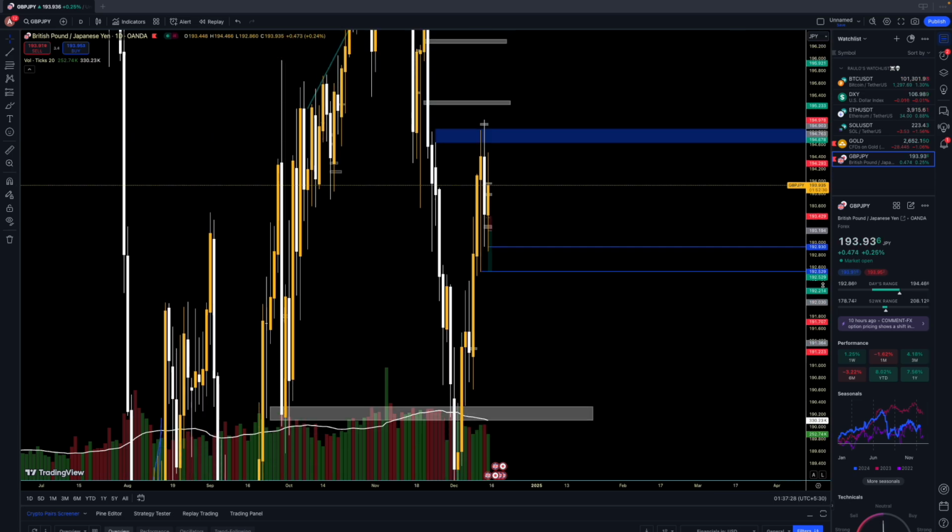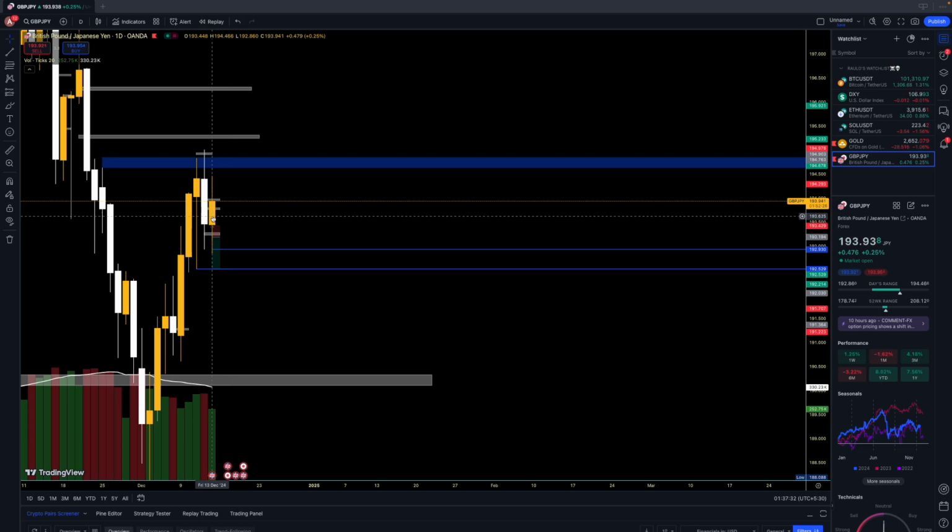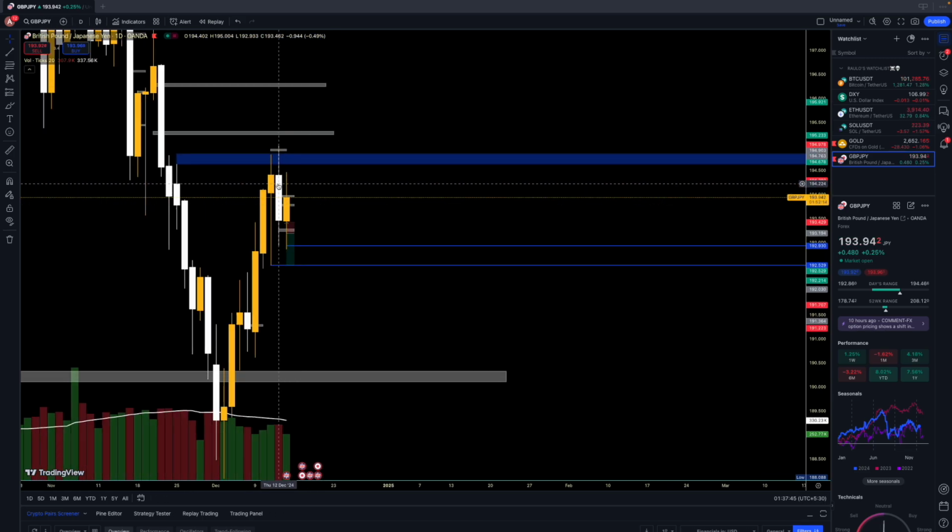In the daily time frame, as you can see, this bullish candle of today was not formed. So I basically developed a confirmation bias in GBPJPY by seeing this candle over here, because this was a bearish candle.